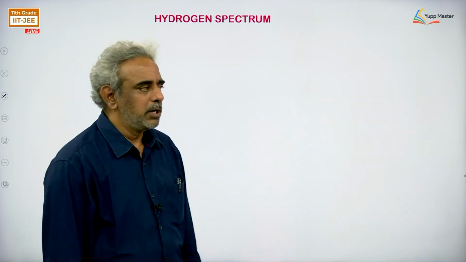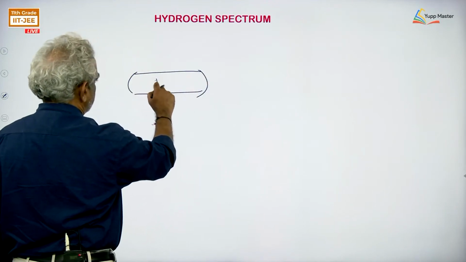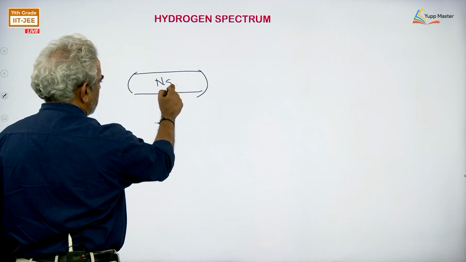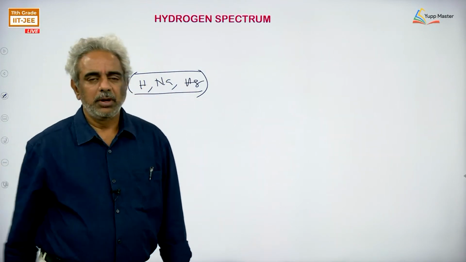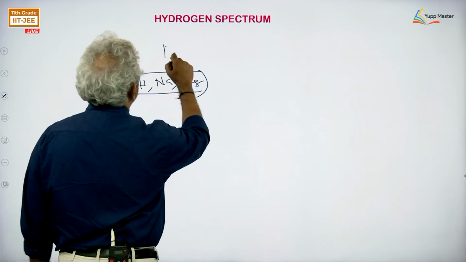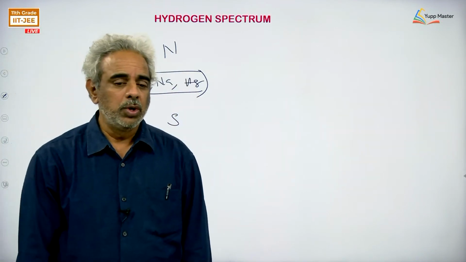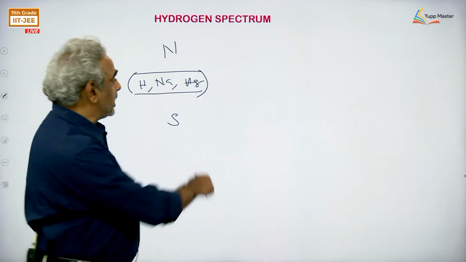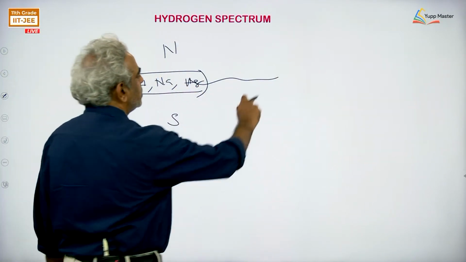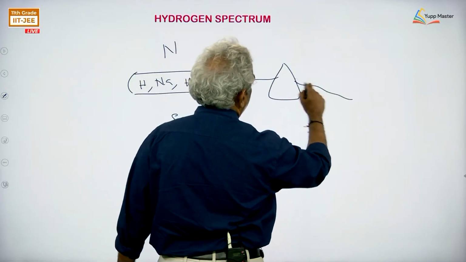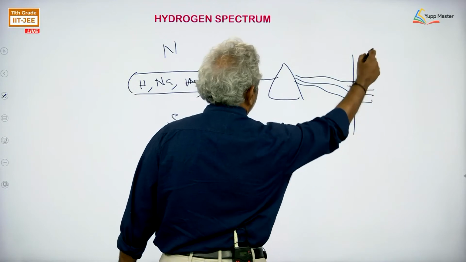a limitation you can say. Suppose you have taken a spectrum. Suppose you take a sodium spectrum, or a mercury spectrum, or hydrogen, different spectra we have seen. But if the sample is kept in a very strong magnetic field and then you obtain the spectrum, instead of one line, you will have many lines formed.